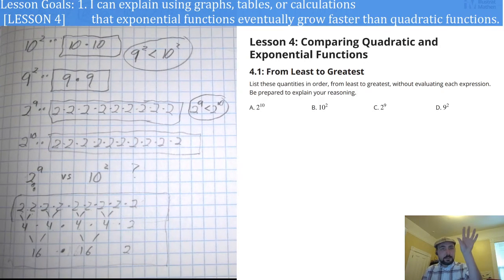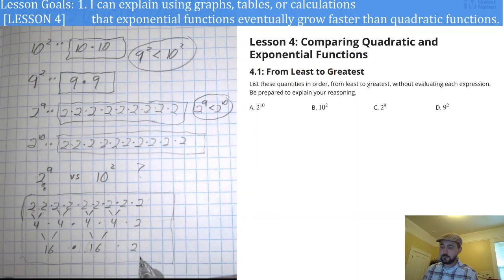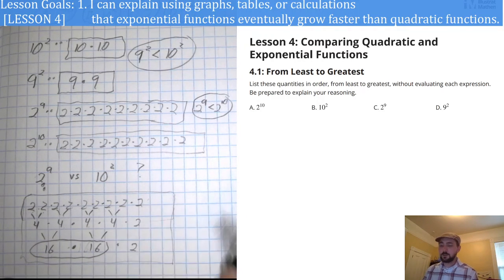So by condensing it down, we can say these 9 copies of 2 can combine into 2 copies of 16, and then a remainder copy of 2. But now this is 2 copies of 16 times an extra copy of 2.